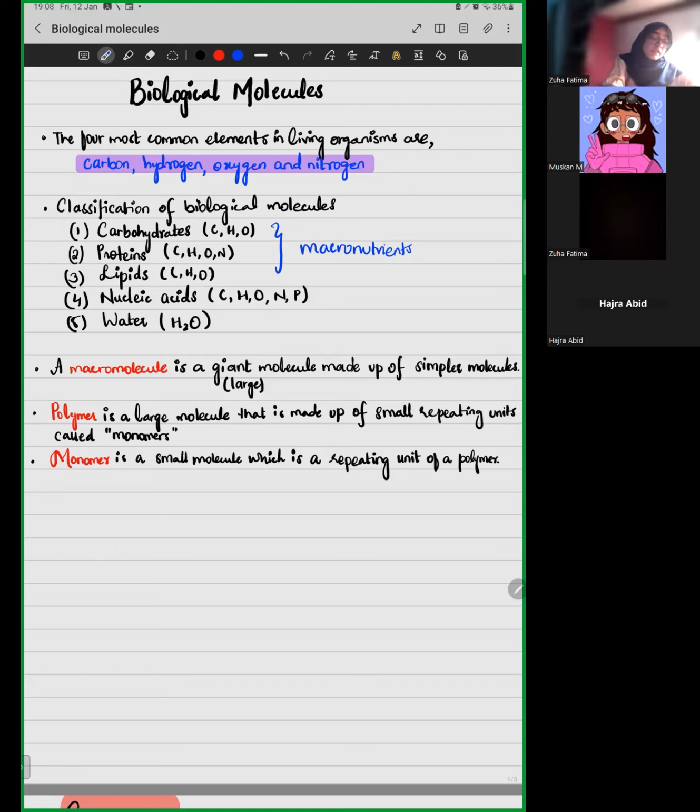Nucleic acids, where do we find our nucleic acids? Basically RNA and DNA. These are the two nucleic acids which are present in our body, and obviously, we all know the importance of these two. DNA is basically where all the hereditary information, all the genetic information of a human being or any organism is stored.